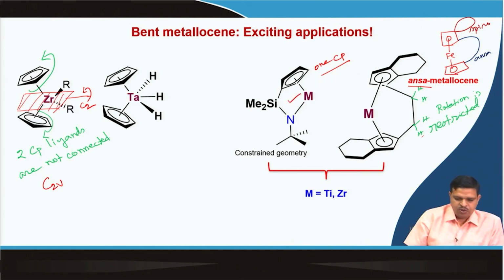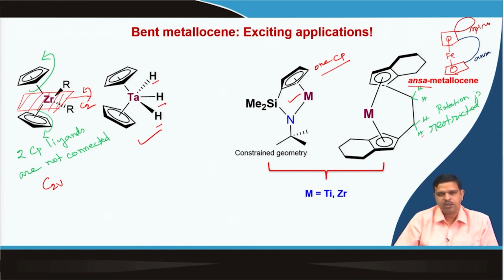As I told, in this category it is also bent, but here the two CP are not connected, and you will see that there may be one ligand, two ligands or three ligands. But now we will try to understand in the molecular orbital theory how this bend happens, which parameters that bending will influence, and how it will dictate its reactivity.